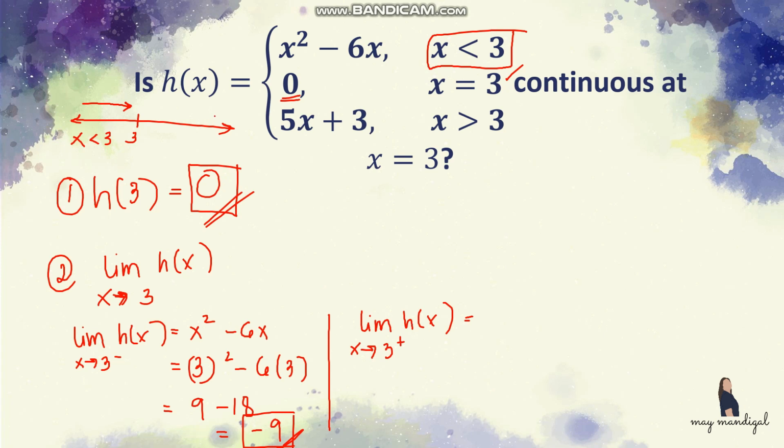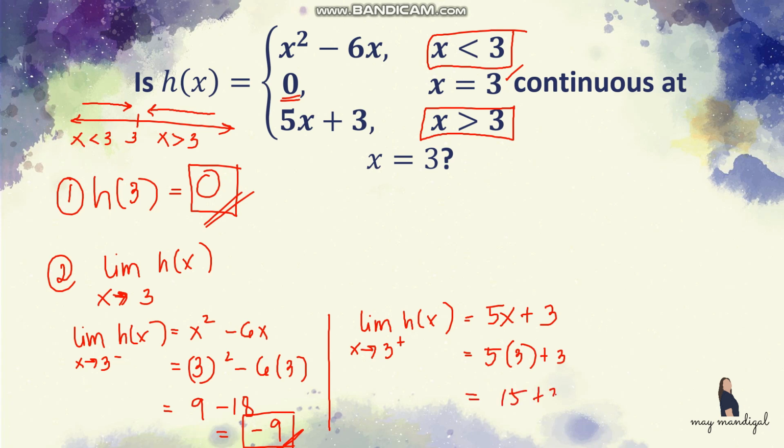If we're looking at the values of x from the right of 3, that means the values are greater than 3. So therefore, we will be using our third sub-function, which is 5x plus 3. Substituting, we have 5 times 3 plus 3. This is 15 plus 3, or we have 18 as our answer for the right-hand limit.